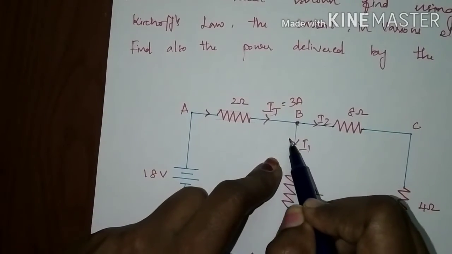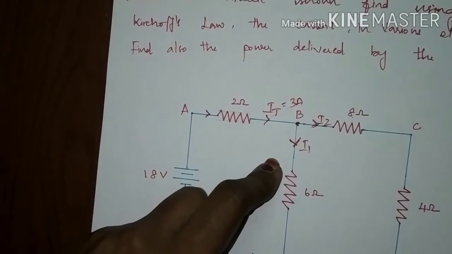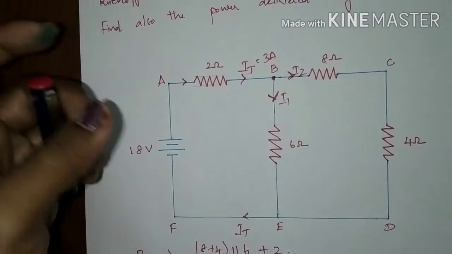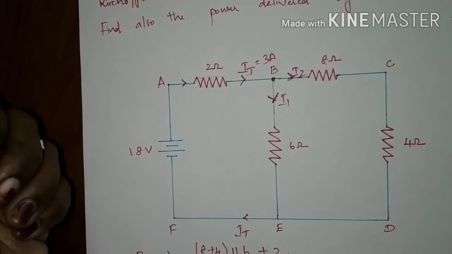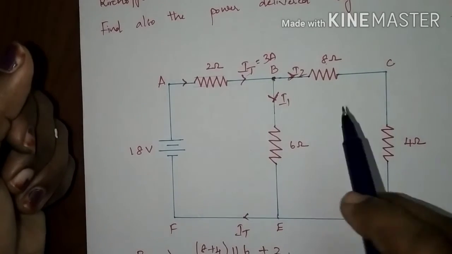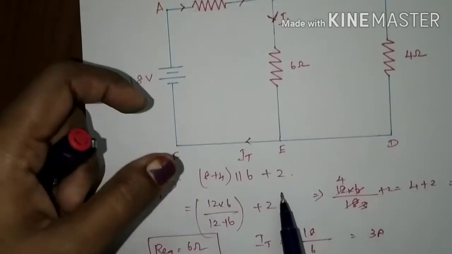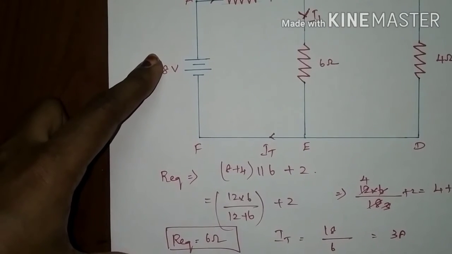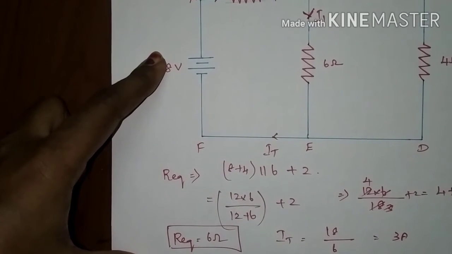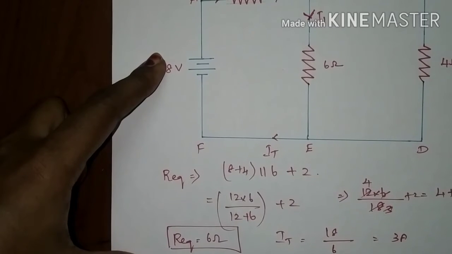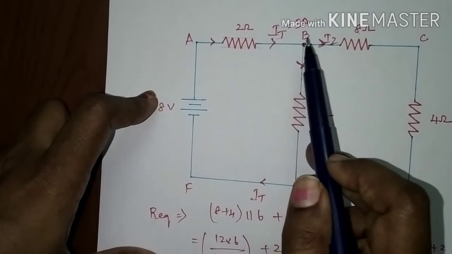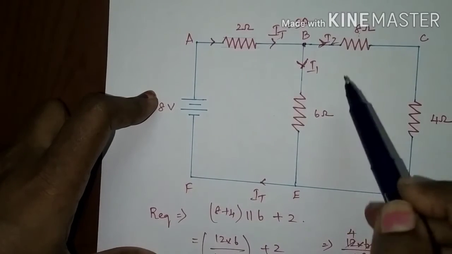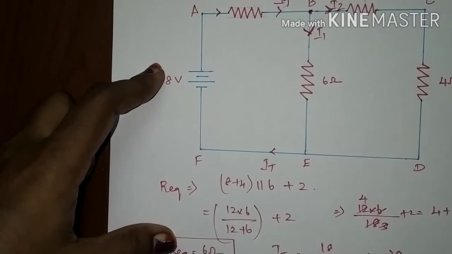According to KCL, the current will be divided as I1 and I2, right? We can use current division or KCL to find the values of I1 and I2. Just apply the current division rule. I1 is equal to the total current 3 ampere, times the opposite resistance 12 divided by 18.